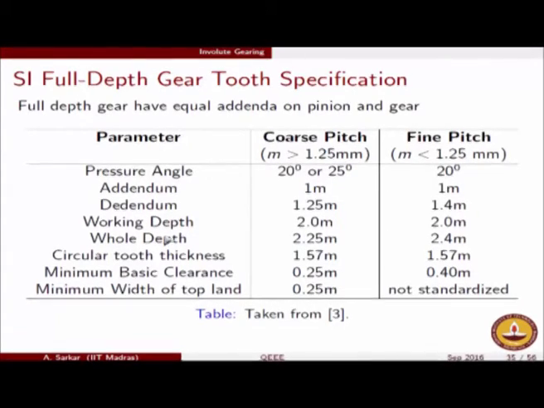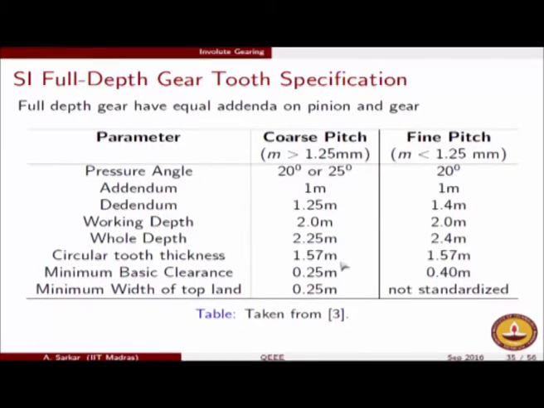As I said in the first class, all the gear dimensions are referenced with respect to module or circular pitch, and in SI standards everything is referenced with respect to module. So as per the standardization procedure, they have made these dimension standards in two groups, one in which module is greater than 1.25 millimeter and the other in which module is less than 1.25 millimeter.